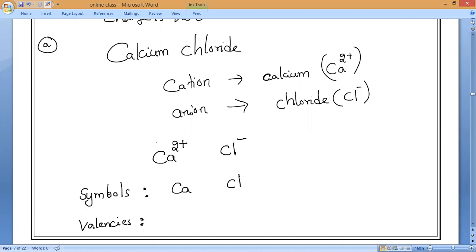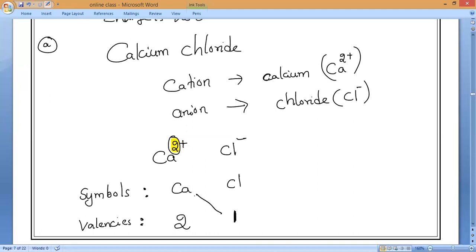Positive or negative doesn't matter. What is the valency of calcium? Valency of calcium is 2. Valency of chlorine: nothing is written, which means the minus indicates 1. So the charge is not needed. Calcium valency is 2. Chlorine valency is 1.